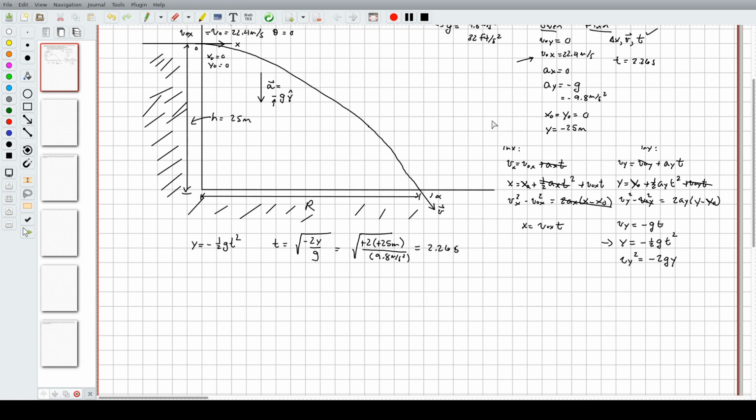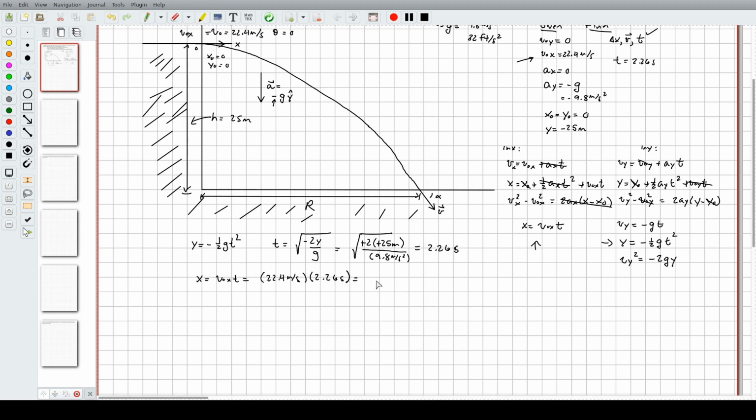Next up on the list, why don't we find the displacement in the x direction? It's this one right here. So x is equal to v naught x times t. V naught x is just 22.4 meters per second. T we found out to be 2.26 seconds.